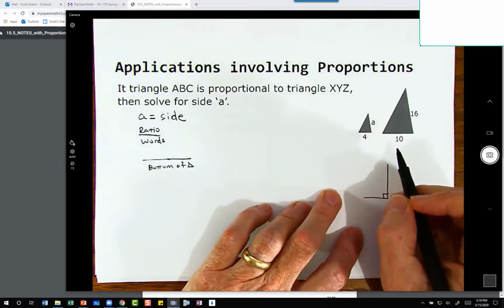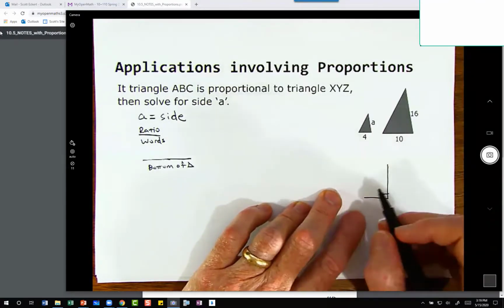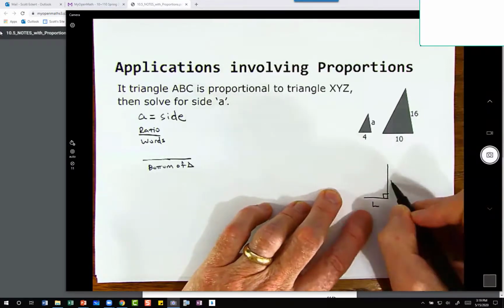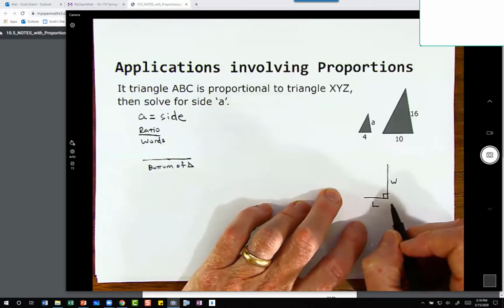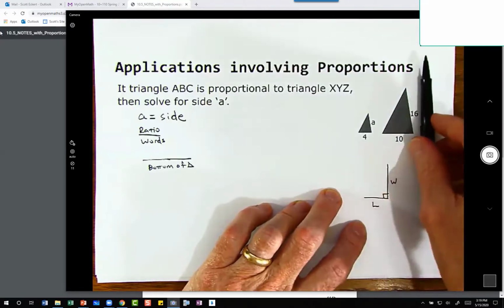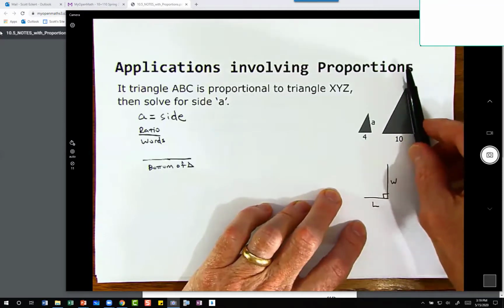We can call it width times length. Usually the width and the length are at square corners, and so this is not perfectly square, it's slanted.